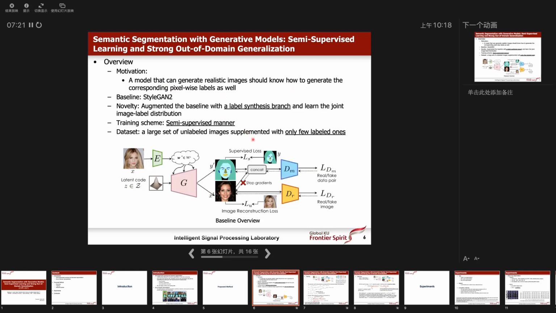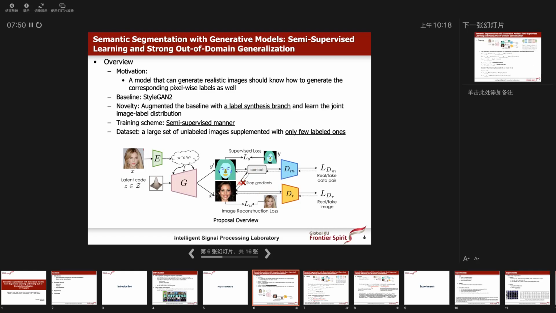And the author proposed his method. He used the baseline of the StyleGAN V2, and the novelty is that he tried to augment the baseline with a label synthesis branch and learn the joint image-label distribution, so that he can realize the semantic segmentation of the reconstruction.